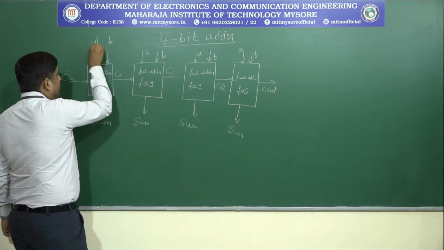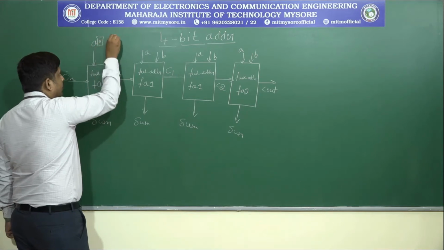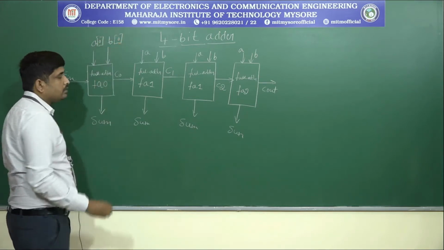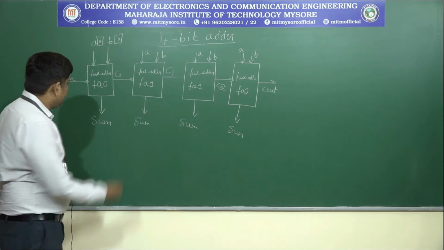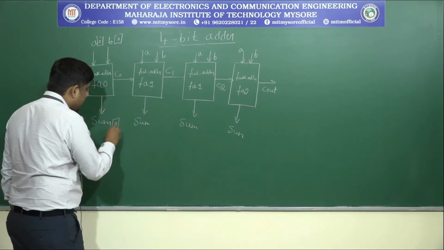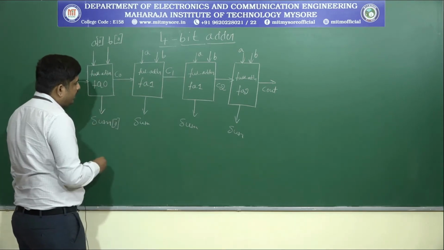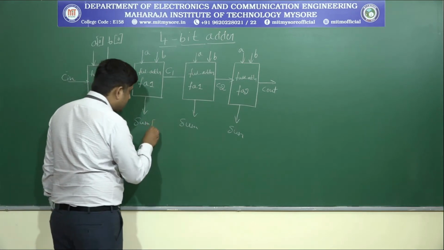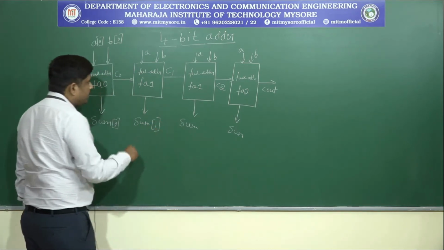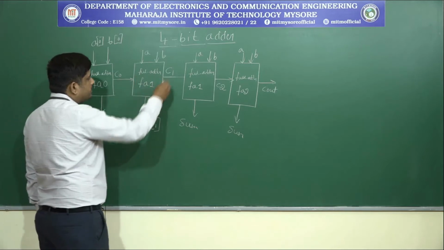Here, bit by bit, A0 and B0 are the first full adder inputs, and it produces the first sum, that is sum 0, and then it produces a carry. After this it produces sum 1, and the carry is connected to the next one, that is C1.